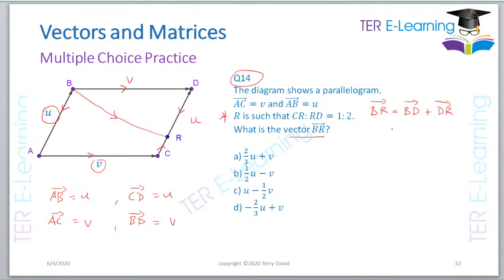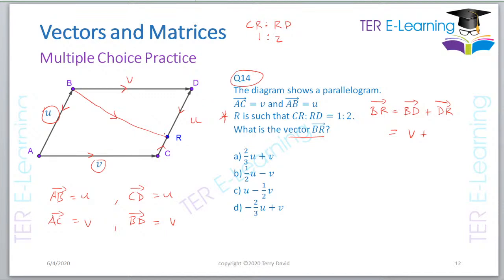So let's see. Do we know what BD is? Yes, we know BD is actually equal to V. We know that. Plus DR. No. You need to be careful here now. So we need to use this ratio. The ratio of CR to RD, right, is actually 1 to 2, right?